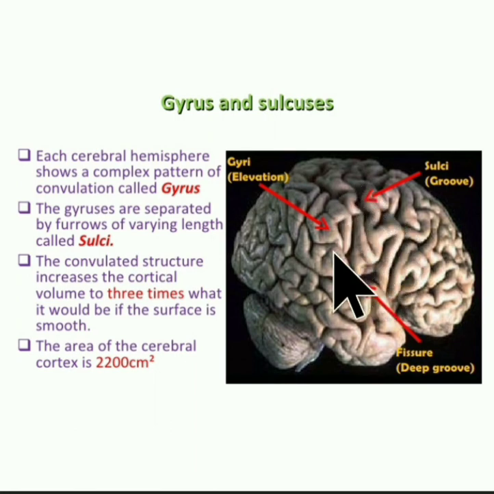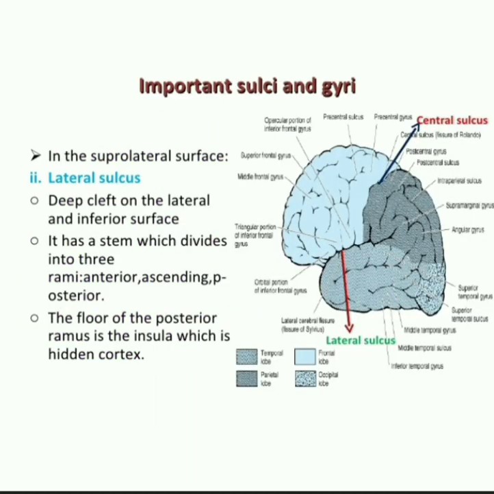This convoluted structure increases the cortical area to three times. Here you can see the important sulci and gyri seen on the three surfaces: the superolateral surface, medial surface, and inferior surface.